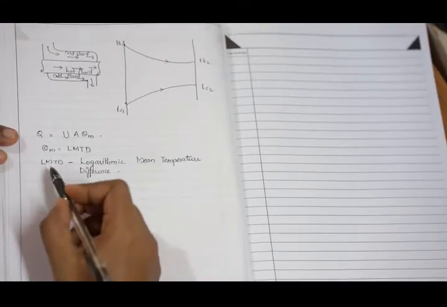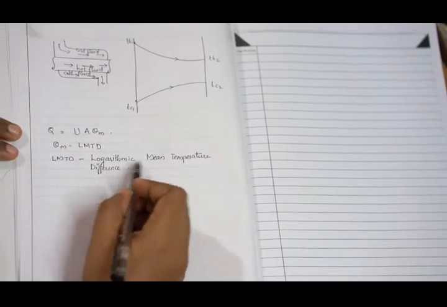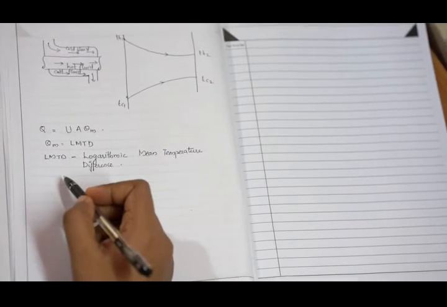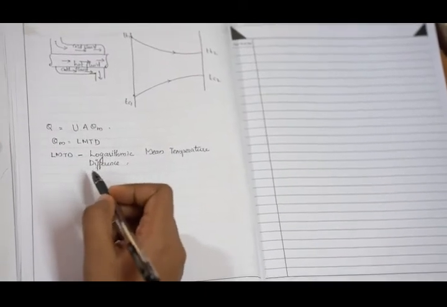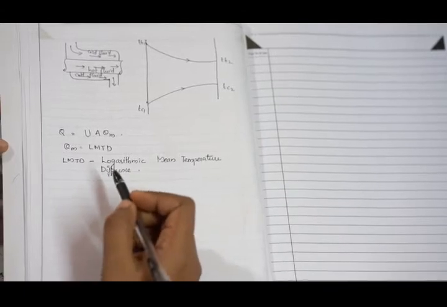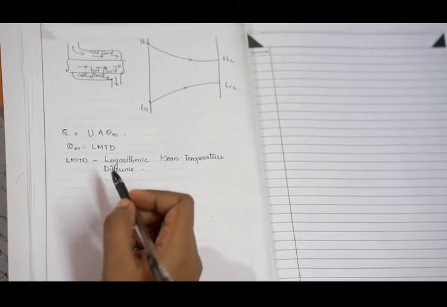Okay, LMTD is the logarithmic mean temperature difference. It is defined as the temperature difference which, if constant, would give the same rate of heat transfer as actually occurs under variable conditions of temperature difference.